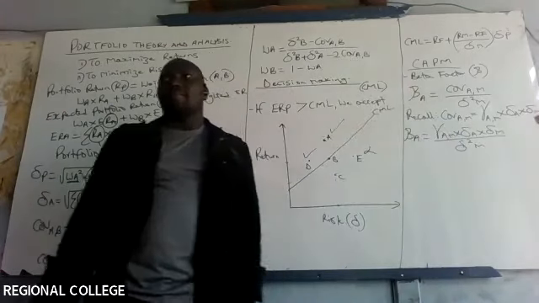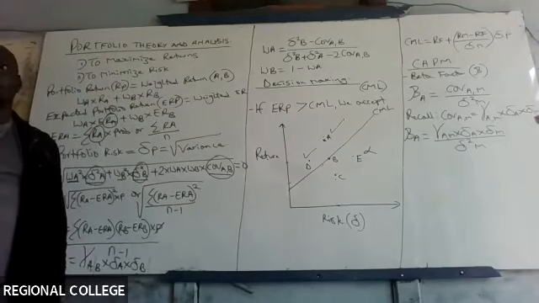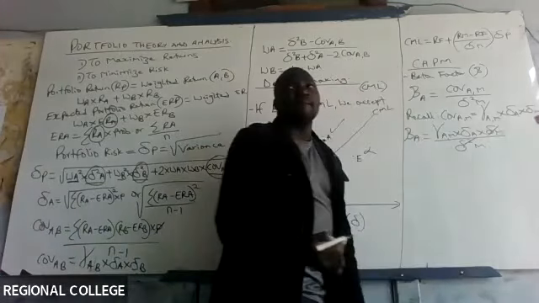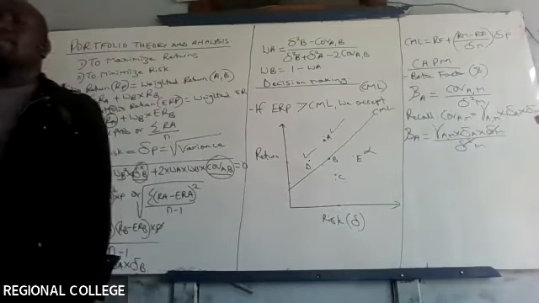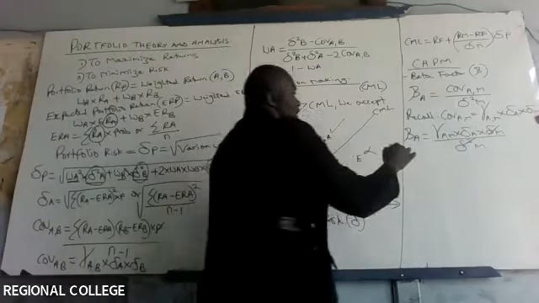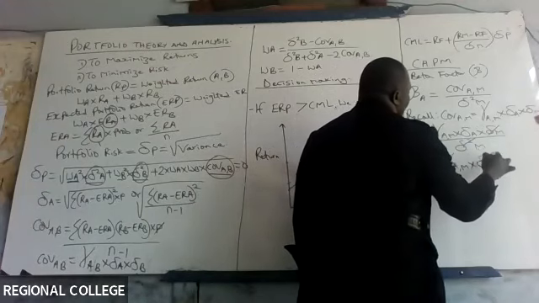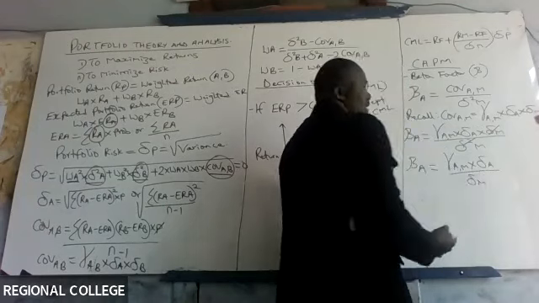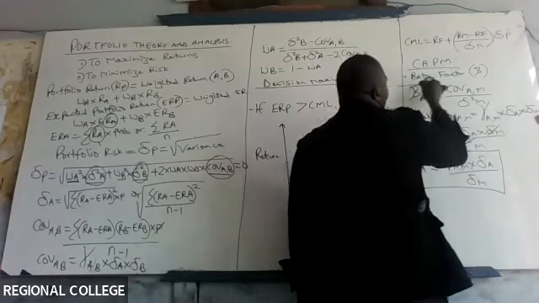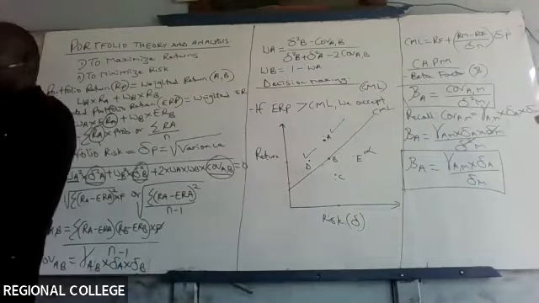Standard deviation squared of M. Can I cancel this and this? Standard deviation squared is standard deviation times standard deviation. So beta of A equals correlation coefficient of AM times standard deviation of A over standard deviation of the market. So I can use either this formula or this formula, depending on the information there.